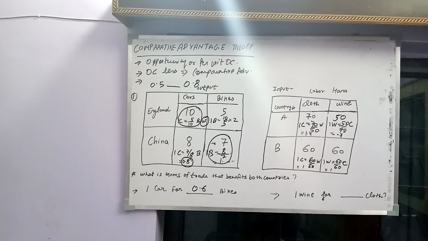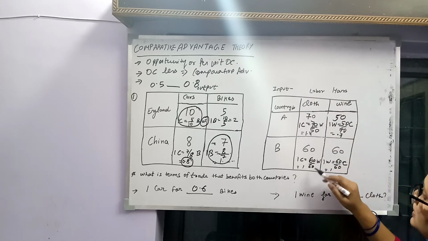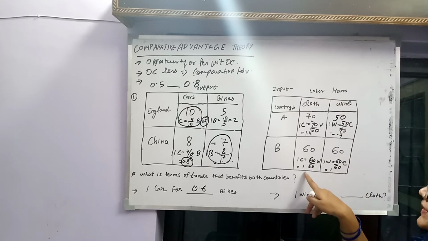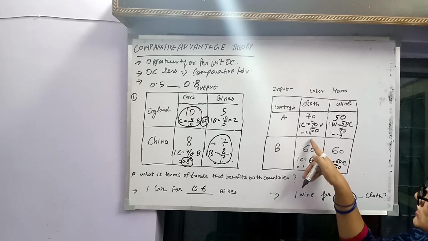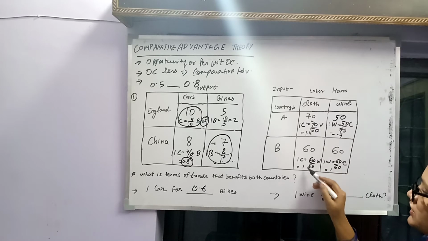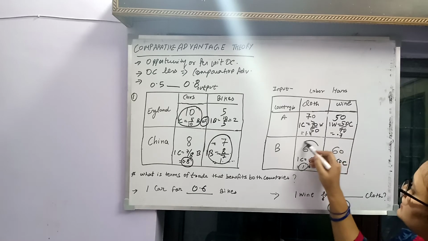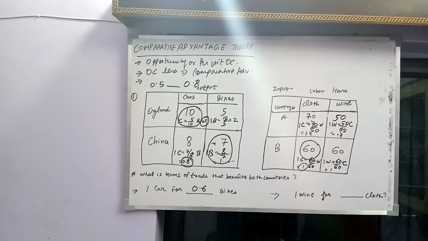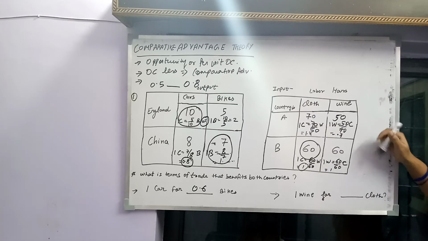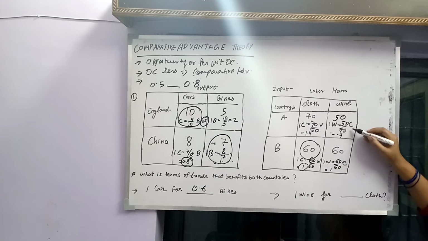Now we have to identify which country has less opportunity cost in which product. In cloth, who has less opportunity cost? B has less opportunity cost, as it is 1 there and 1.4 here. So B has comparative advantage in cloth. Similarly for wine, it is 0.7 here and 1 there, so this is less.